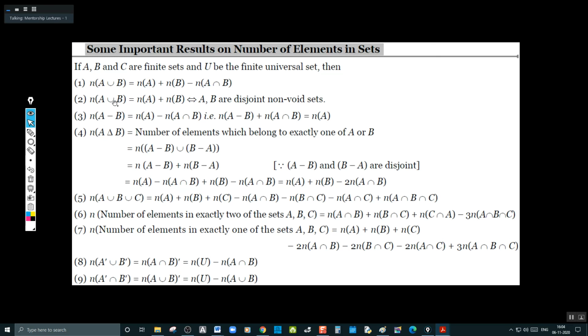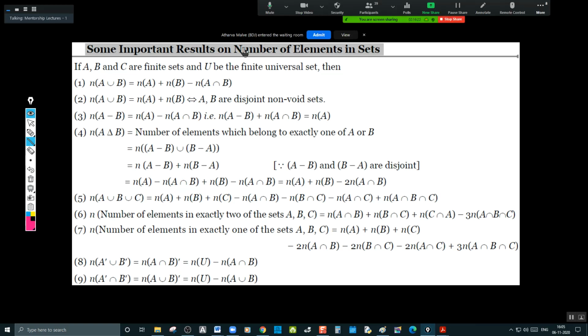Yeah. Now the next part, some important results on the number of elements in sets. Follow this carefully. We are not going to see the proofs, but we are understanding them.